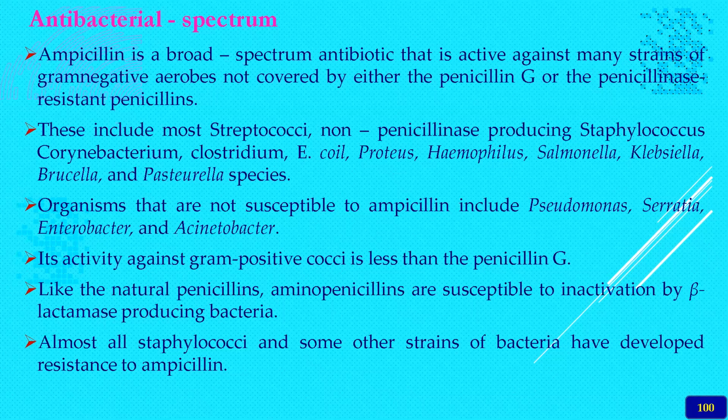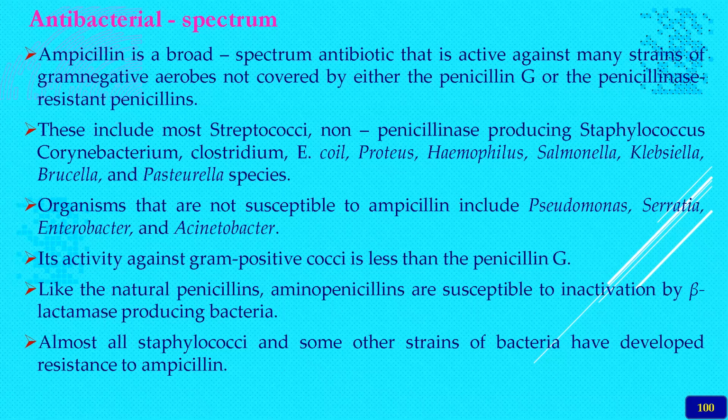And organisms that are not susceptible to ampicillin, meaning in such disease you should not use ampicillin, like Pseudomonas, it is not effective, whereas the anti-Pseudomonas drugs are a separate class. And also Serratia, Enterobacteriaceae, and Acinetobacter. All these are resistant, and its activity against gram-positive cocci is less than penicillin.